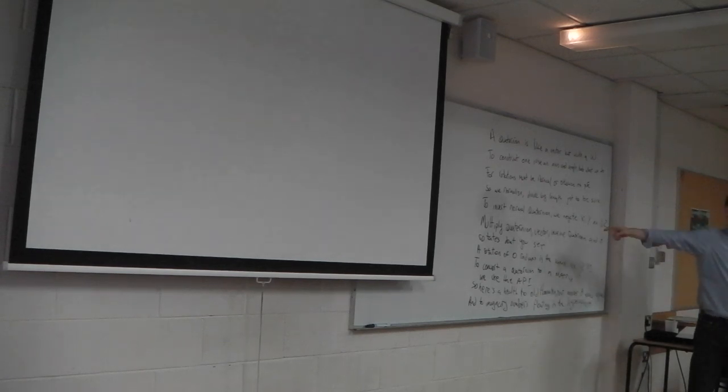A quaternion is... A quaternion is like a vector, but with a W. To construct one, we use an axis and angle. That's what we do. For rotations must be normal, or otherwise it's pure. So we normalise, divide by length, just to be sure. To invert a normal quaternion, we negate x, y, and z.